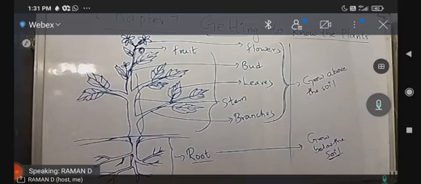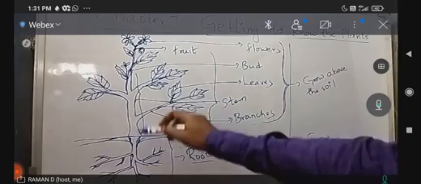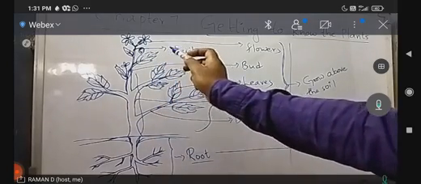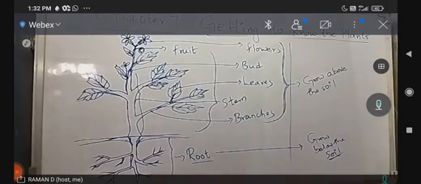The plants are divided broadly into two types based on the strength of their stem. The plant has a stem and root. These are the major parts. Attached to the stem are branches, leaves, flowers, buds, and fruit.